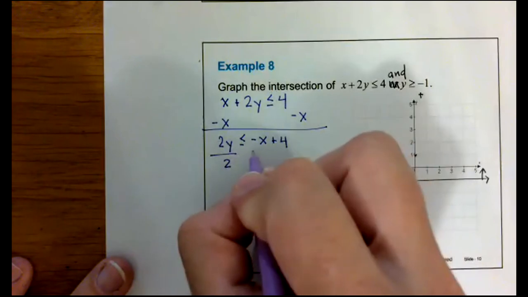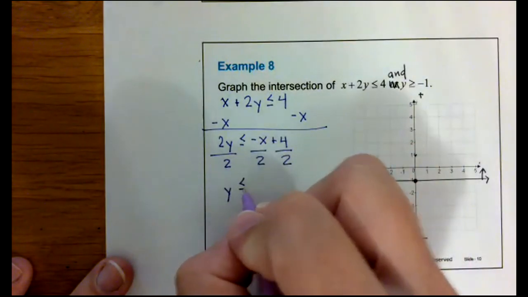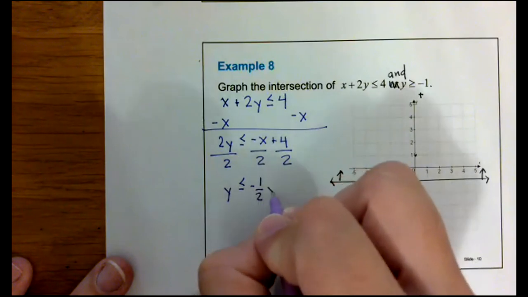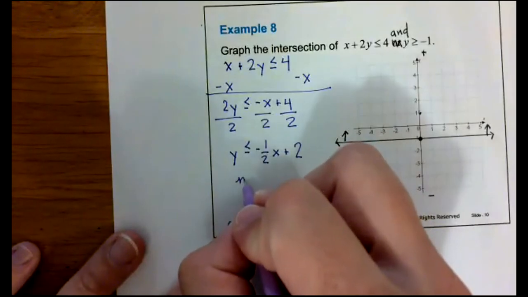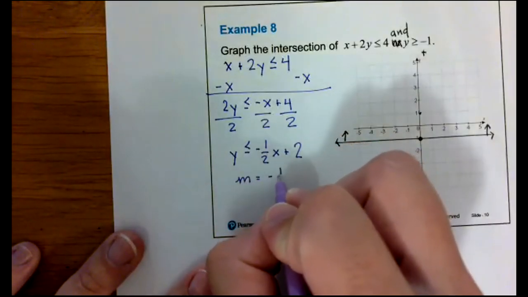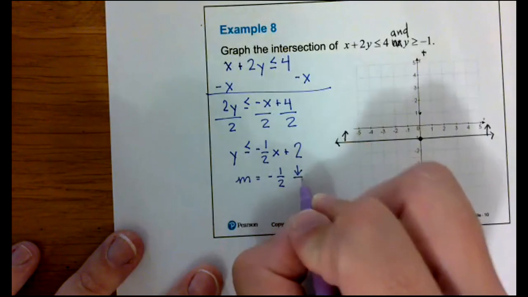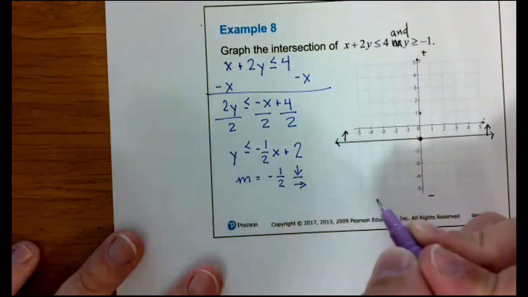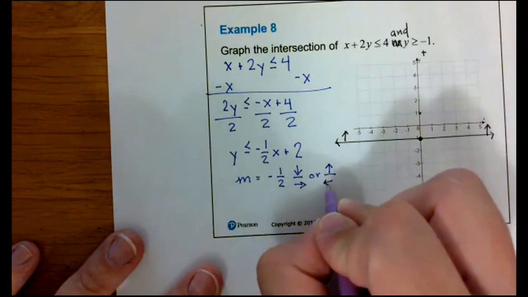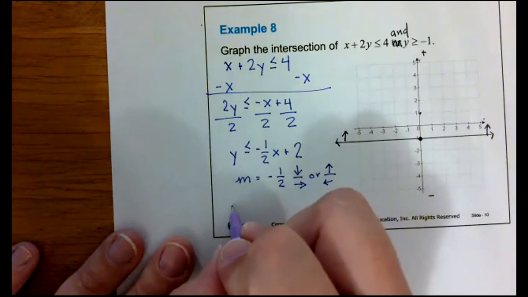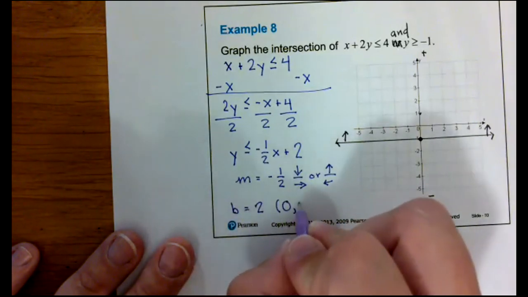Divide by 2. y is less than or equal to -1/2 x plus 2. My m is -1/2. So that means I go down 1, right 2, or up 1, left 2. Sorry, I said 1, but I meant 2. And then our b is 2. So that means it crosses at 0, 2.